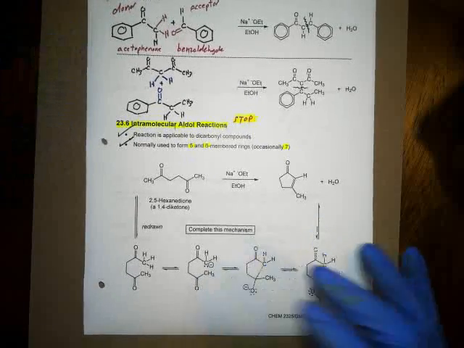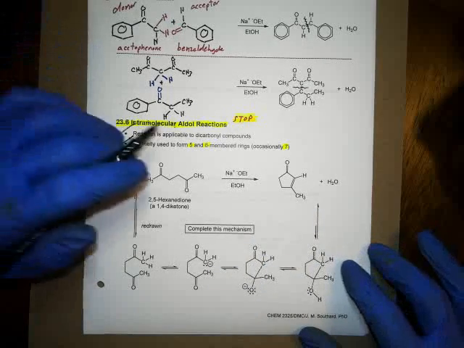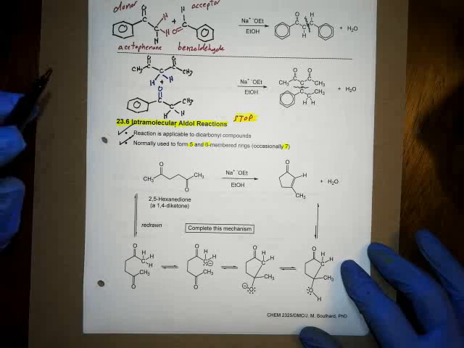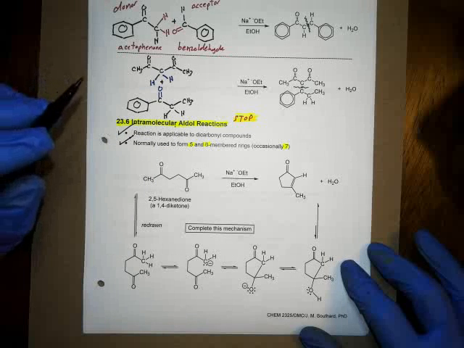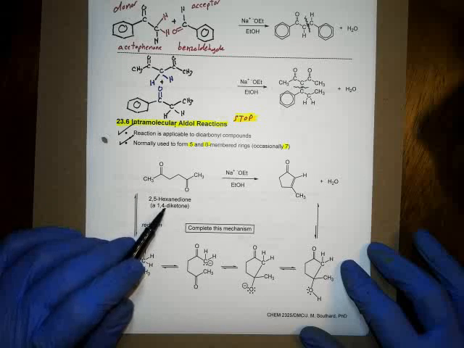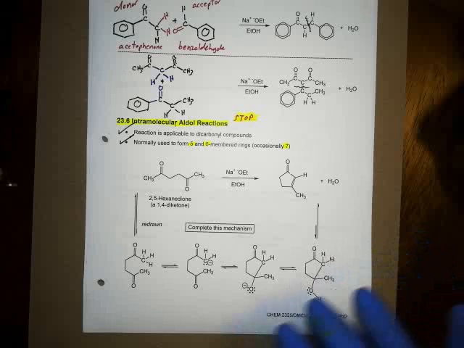Now, one thing we want to discuss before we get too far ahead of ourselves is that the dicarbonyl compound, you really want them to be symmetrical. Okay? In other words, look at 2,5-hexanedione. Is this molecule symmetrical? Do you see a line of symmetry anywhere where one half is equal to the other half?